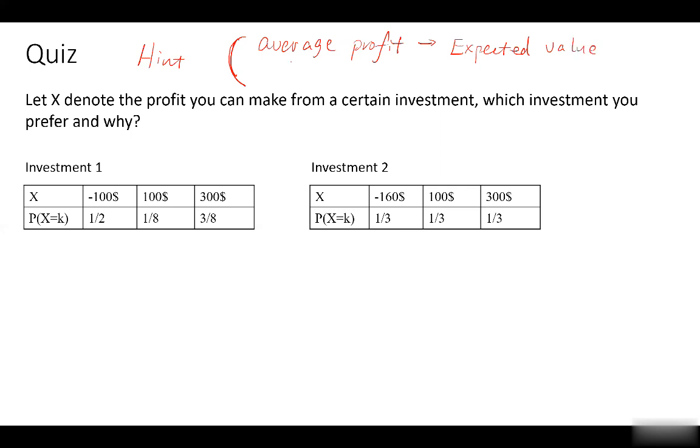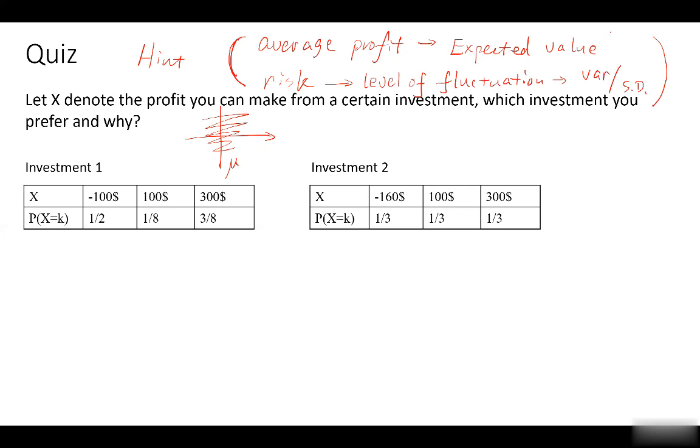Also, we need to consider the risk. What is the risk? Risk means your profit is a random variable that fluctuates around the mu. The risk is actually the level of fluctuation, which can be measured with standard deviation or variance. You can calculate VAR or standard deviation to measure the risk.